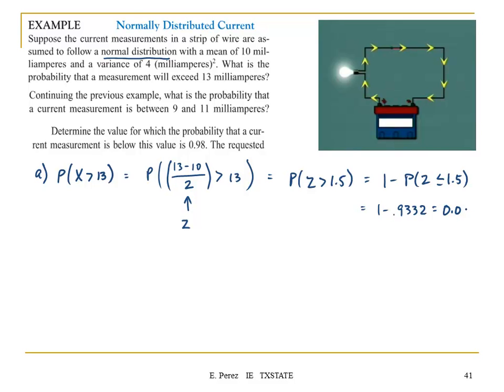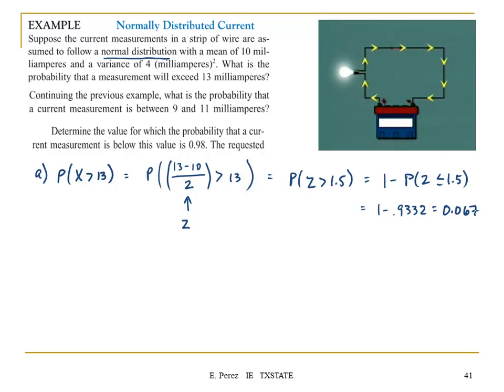And that probability is very low. It's 0.067. So the probability of finding a current above 13 milliamperes for this wire is very low. It's 6%. Okay?